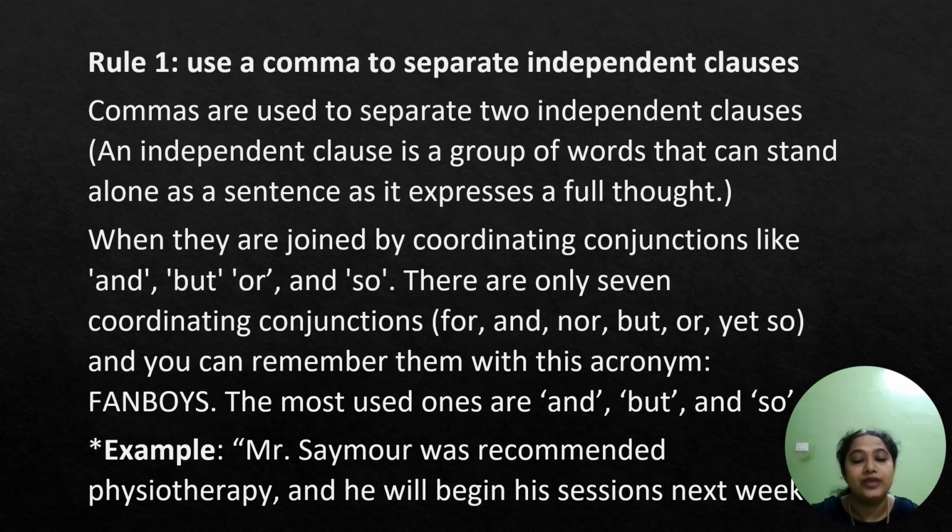F stands for, A for and, N for nor, B for but, O for or, Y for yet, and S for so. And from that, the most used ones are and, but, and so. We will move on to an example.